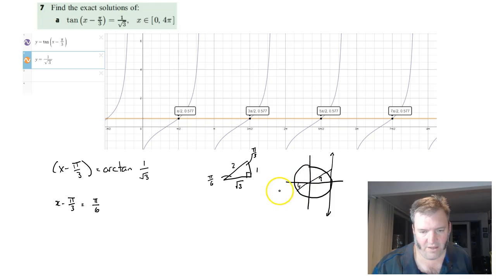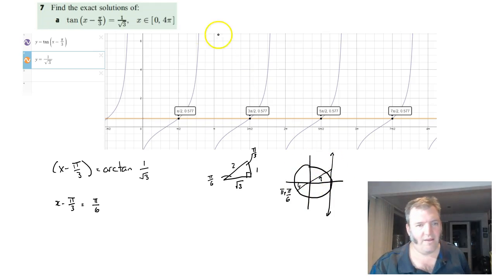This next angle here must be pi plus pi on 6. Well, that gives me 2 of them between 0 and 2 pi. You can see that I need to go at least up to 4 pi. So we had pi on 6 as the first angle.